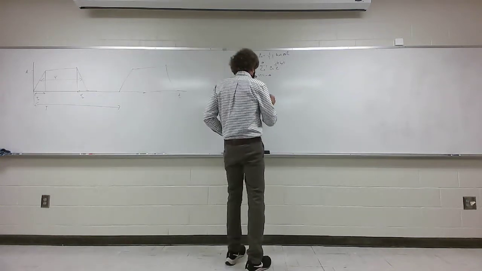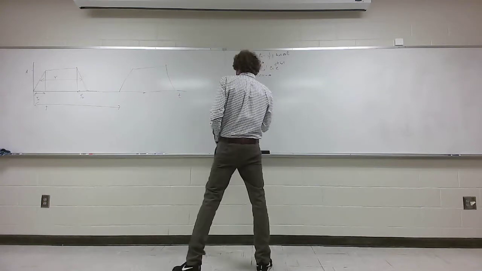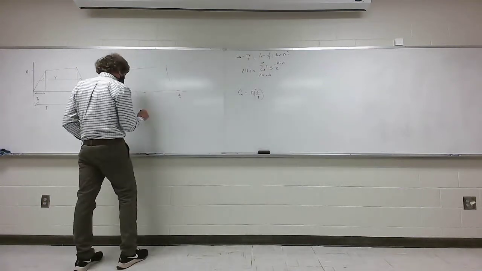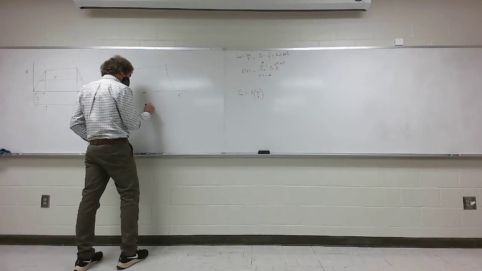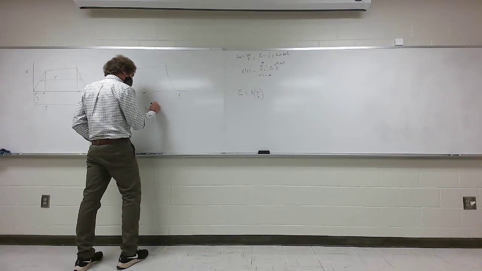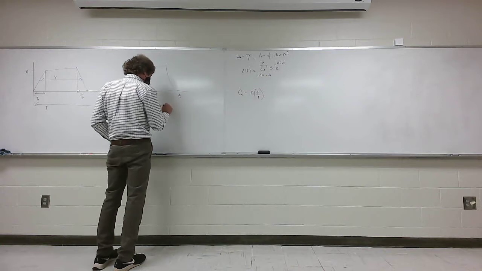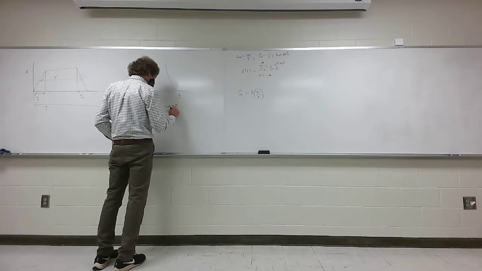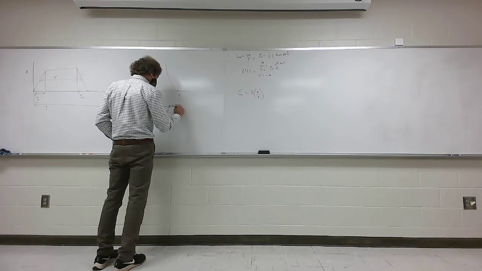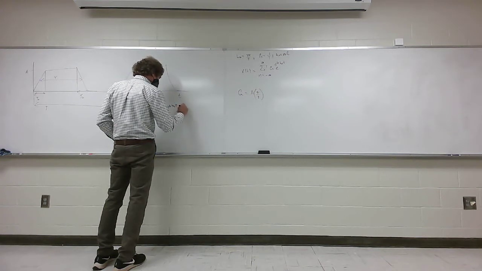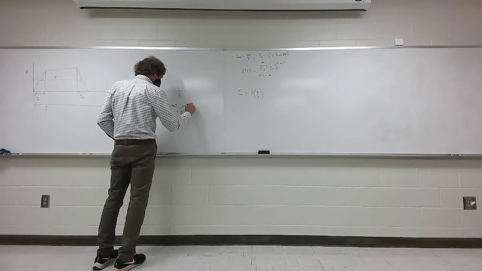I had this as, put it here. I had 1 minus e to the minus j n omega naught tau rise minus e to the minus j n omega naught tau, and then plus e to the minus j n omega naught quantity tau plus tau rise.